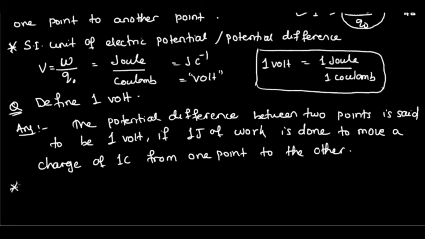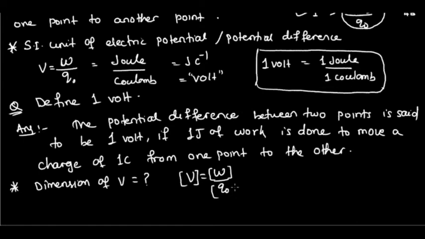Now tell me, what will be the dimension of potential difference or potential? So V is equal to W by Q or Q naught. So the dimension of potential difference will be the dimension of work divided by the dimension of charge.